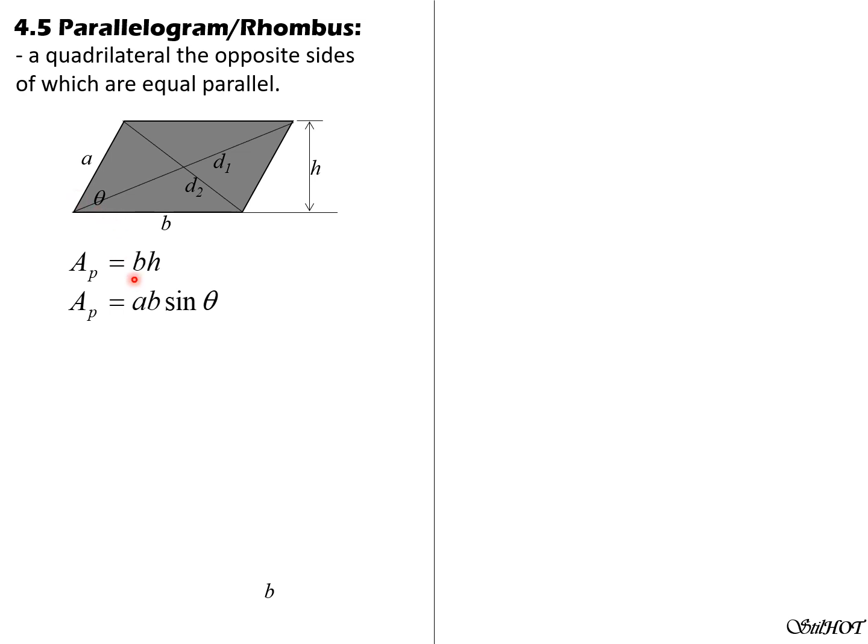Opposite is a sine theta, replacing h by a sine theta. So the area of parallelogram is AB sine theta. Because this is also AB sine theta, remember that the area of triangle is 1/2 product of adjacent sides, 1/2 AB sine theta, and another 1/2 AB sine theta. That's why it is AB sine theta, the other way of explaining it.